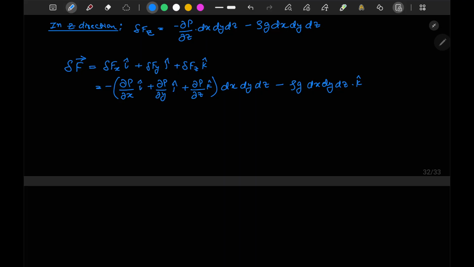So this is your total force acting on the element.